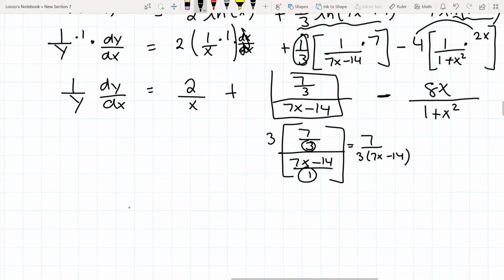So when you clean that up, that would be 21x, since 3 times 7x is 21x, and then 3 times negative 14, what is that going to be? Negative 42.